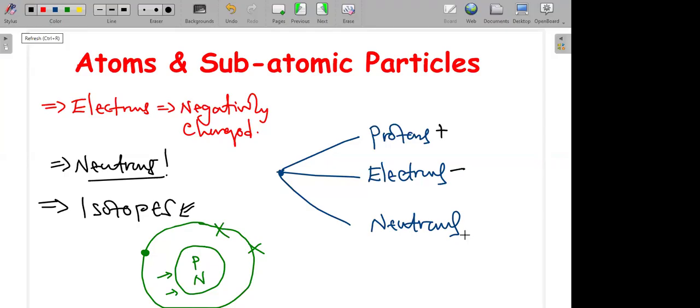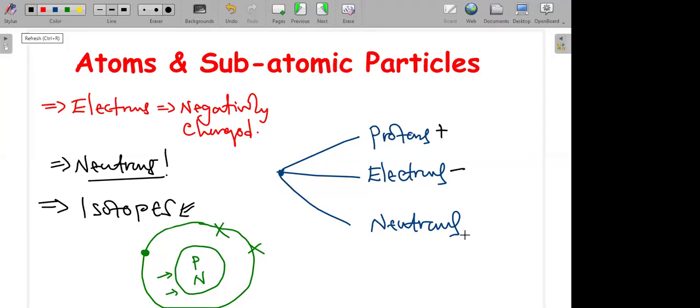But we find that there are some situations where an atom of the same type has the same number of protons, the same number of electrons, but a different number of neutrons. Because of the difference in the number of neutrons, isotopes arise.